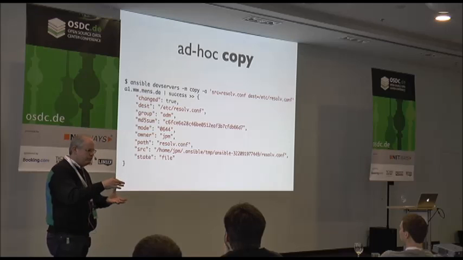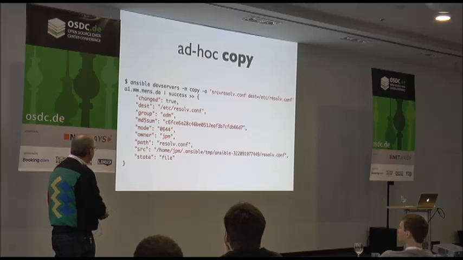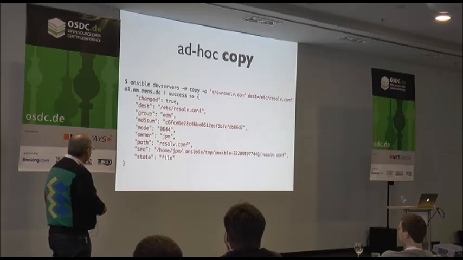This documentation, by the way, is extracted live from the module. That's a system that I wrote and donated to Ansible. Now, this copy module will copy a source file to a destination file. So we copy a source file to this destination file.